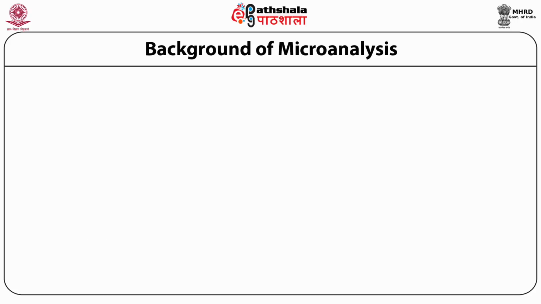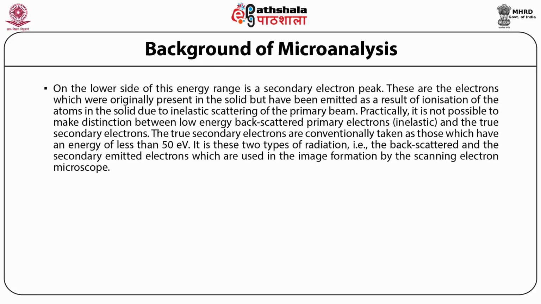Number 4. On the lower side of this energy range is a secondary electron peak. These are the electrons which were originally present in the solid but have been emitted as a result of ionization of the atoms in the solid due to inelastic scattering of the primary beam.